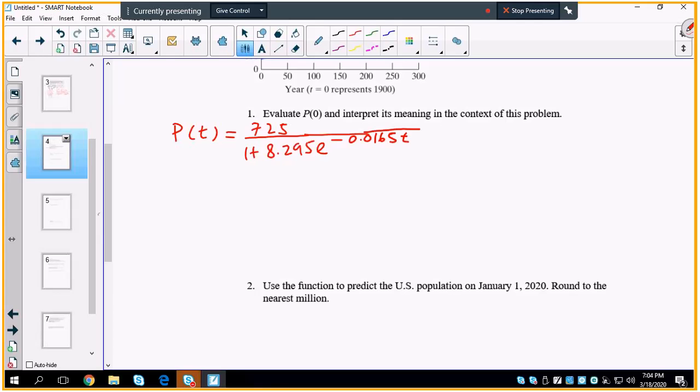What if I put t equal to 0? That's P(0), which is what I'm going to try to find out.